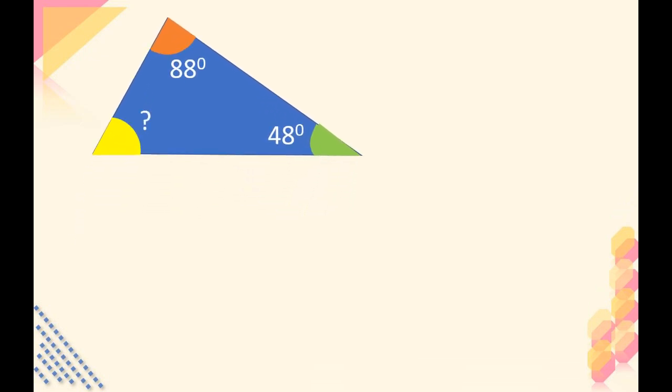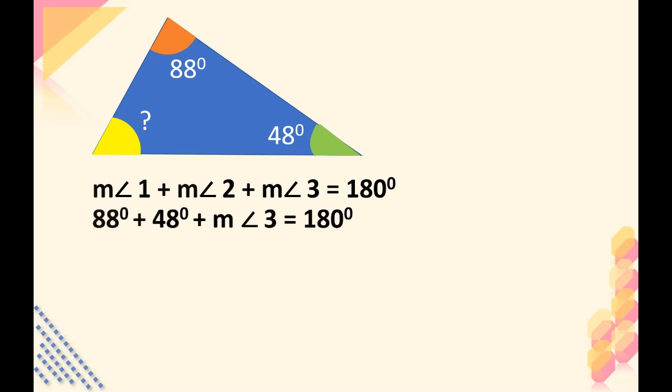Let us use the formula for the sum of the interior angles of a triangle. 88 degrees plus 48 degrees plus the measure of angle 3 equals 180 degrees. The sum of 88 degrees and 48 degrees is 136 degrees.